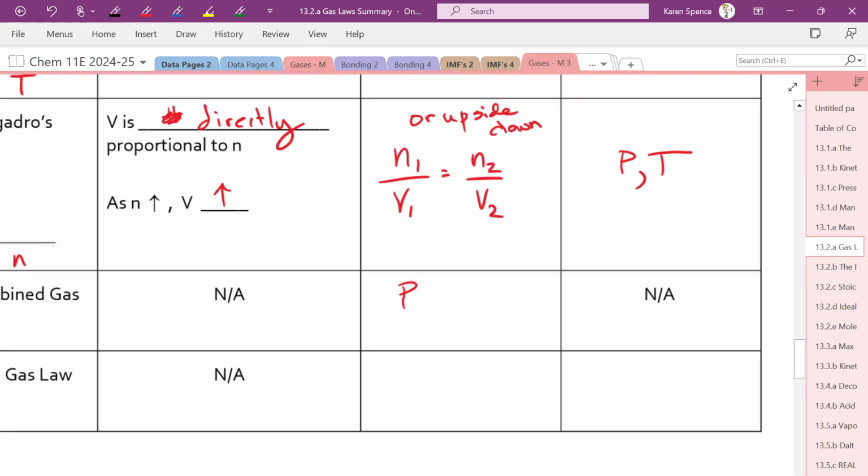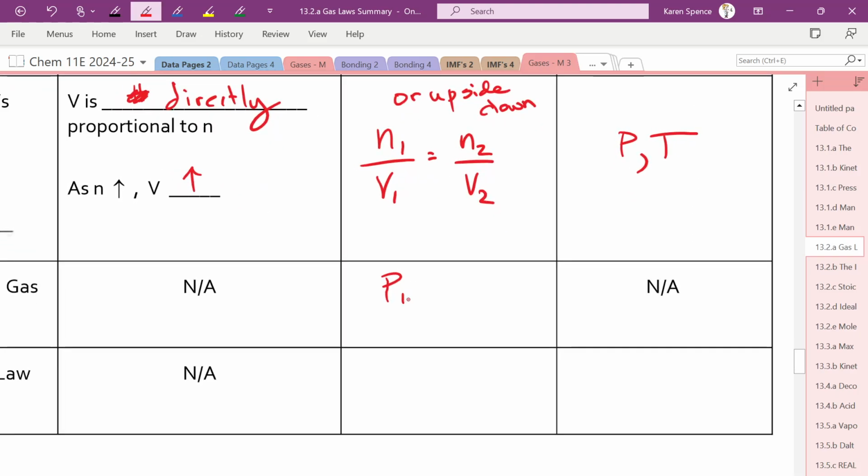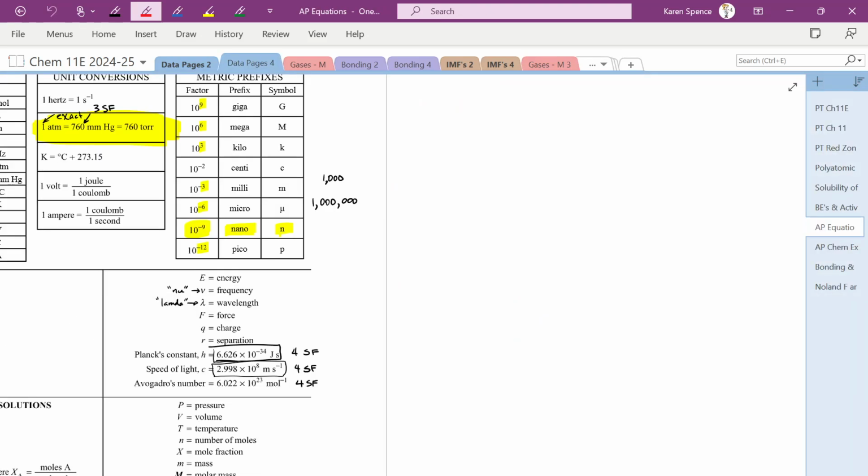P1 V1 over N1 T1 equals P2 V2 over N2 T2. Let's see if they were clever enough to put that in our data pages. I don't think they were, but let's just check.